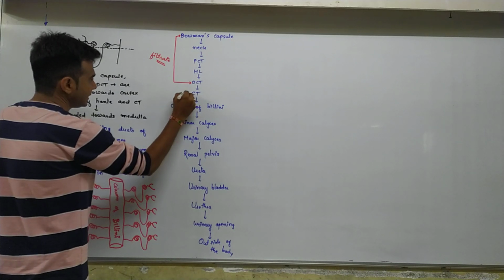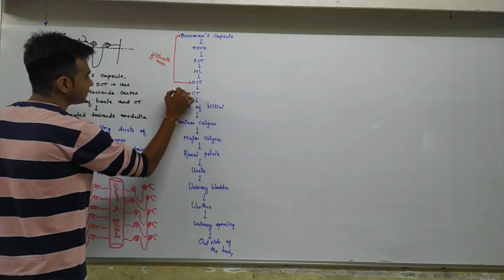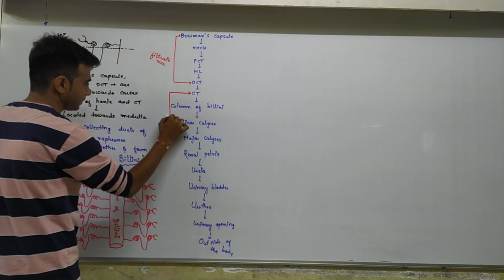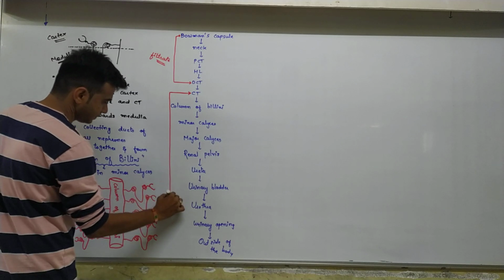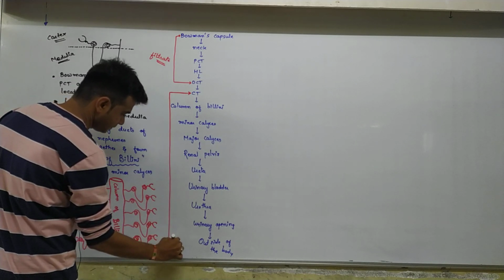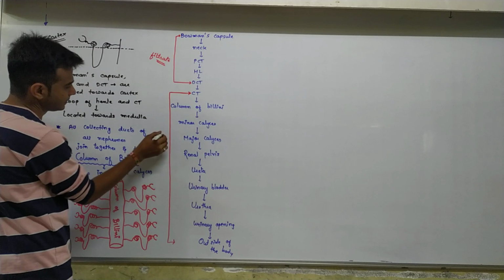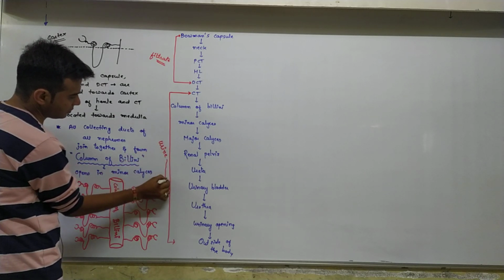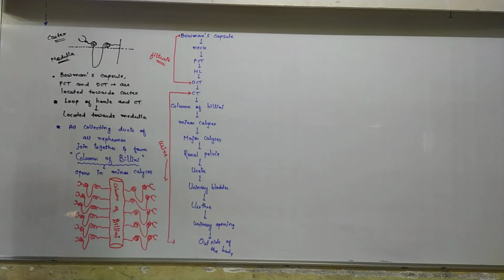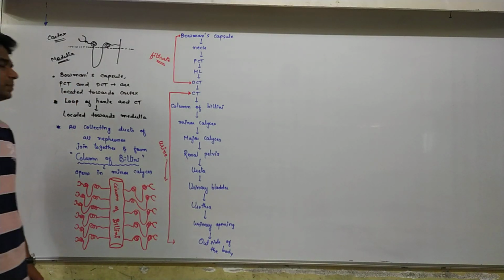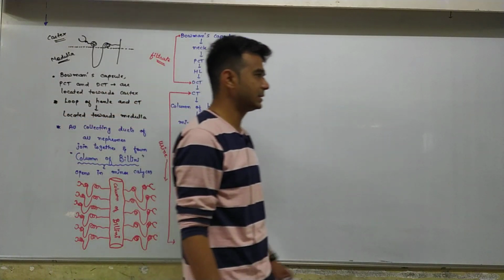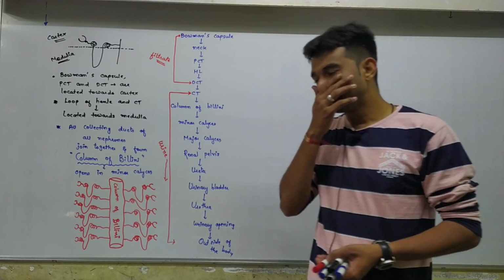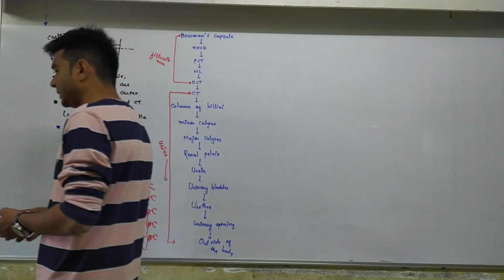So from the collecting duct up to the end we use the word urine, because so many changes occur in these different regions of the nephron. Okay, so this is the basic thing here.